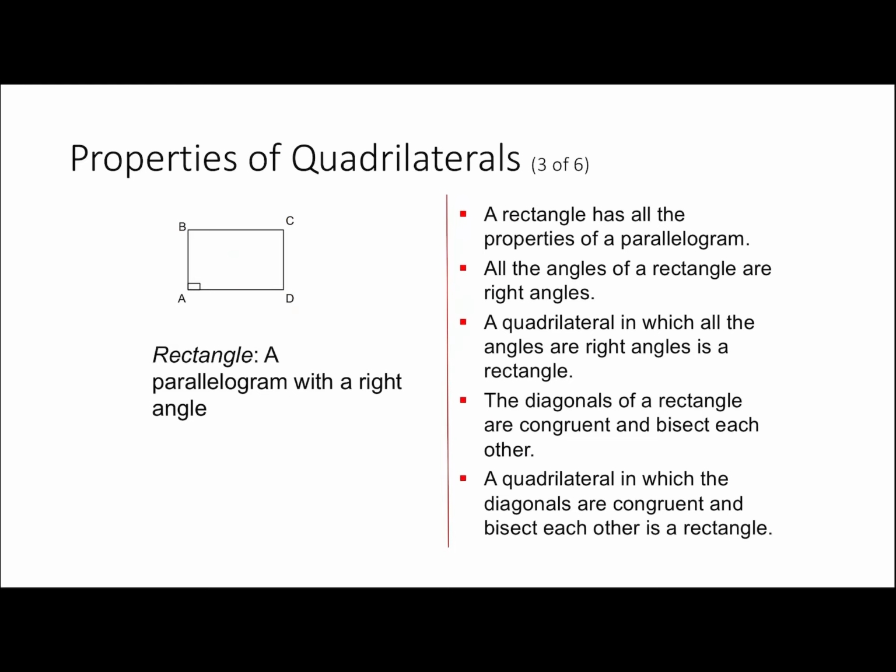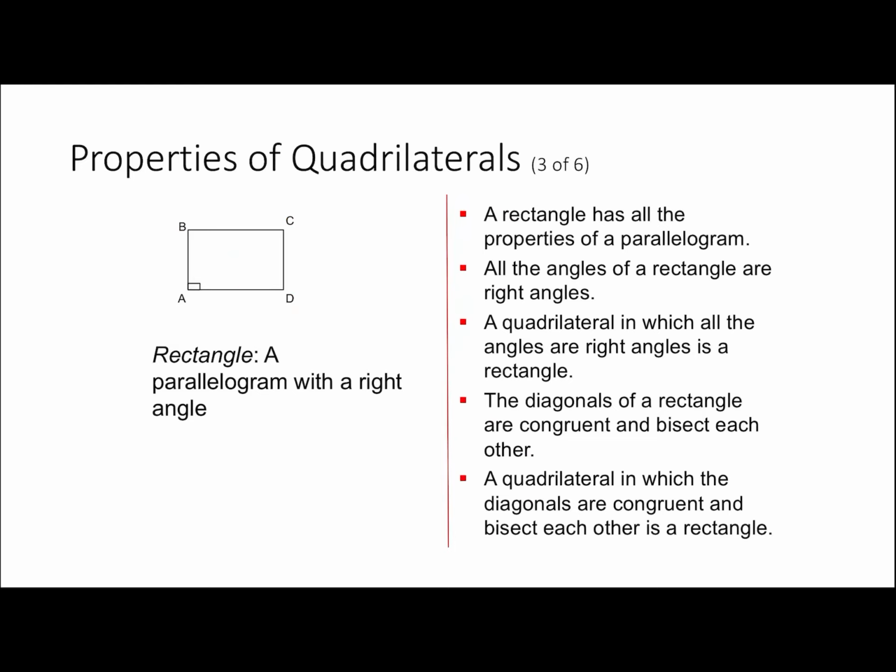Now, our next one is a rectangle, and we know a good bit about rectangles. A rectangle has all the same properties of a parallelogram because it is, by definition, a parallelogram. All the angles are right angles, which I'm sure you know. A quadrilateral in which all the angles are right angles is a rectangle. So, for example, a square would be a rectangle because all the angles are right angles. The diagonals of a rectangle are congruent and bisect each other.